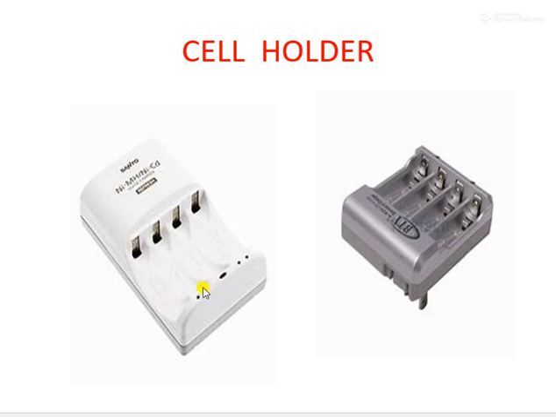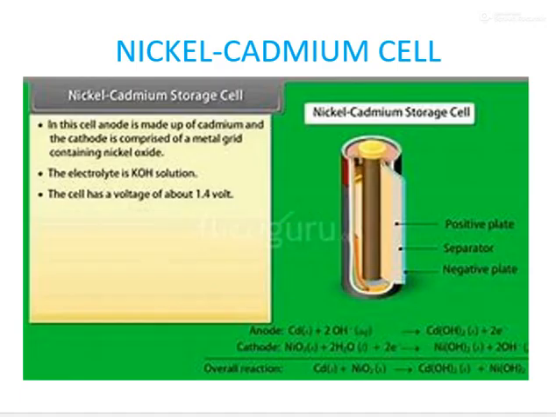In this cell holder we are using nickel cadmium cells. Here nickel and cadmium act as the electrolyte, and they have a potential difference of 1.2 volt, and these cells are also rechargeable, so we can use them many times.